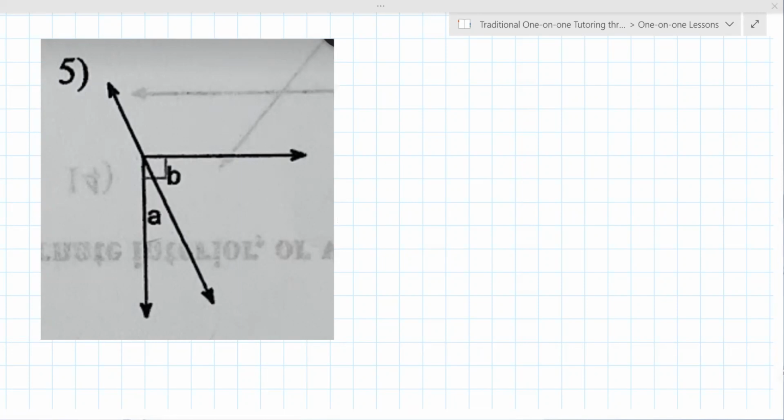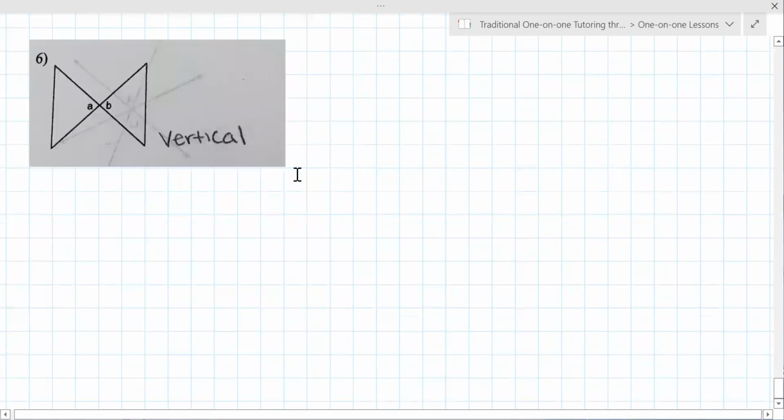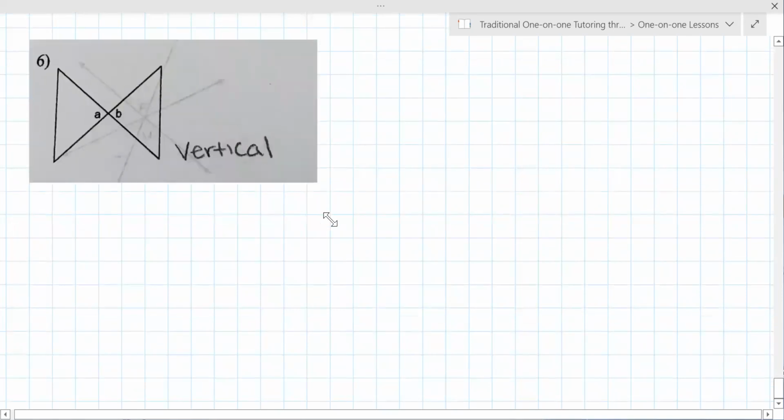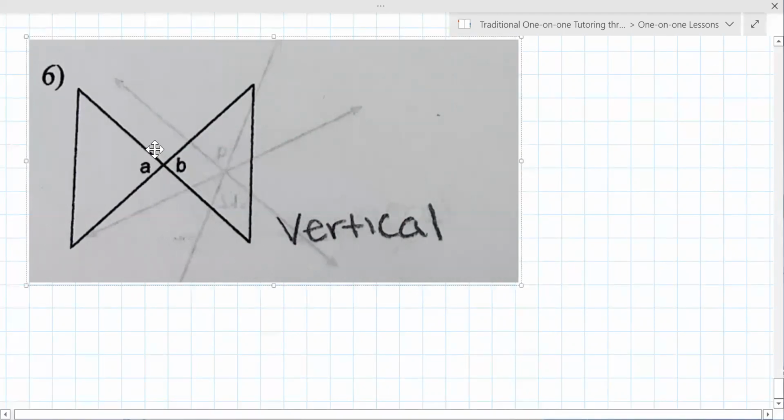Now 6 is finally an exception to this, and you've done it correctly. They are definitely vertical. Now we just need to talk about why they are not the others. They're not adjacent because they're not next to each other. You might think they kind of look next to each other.